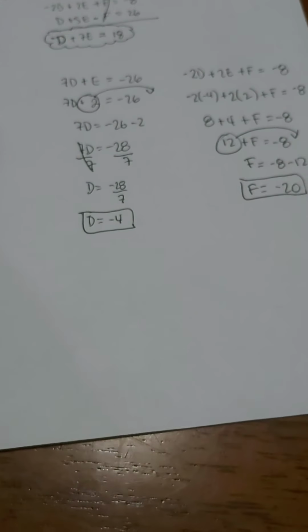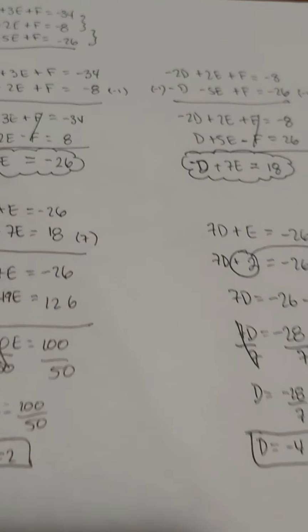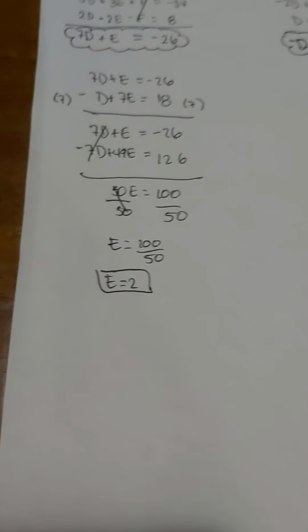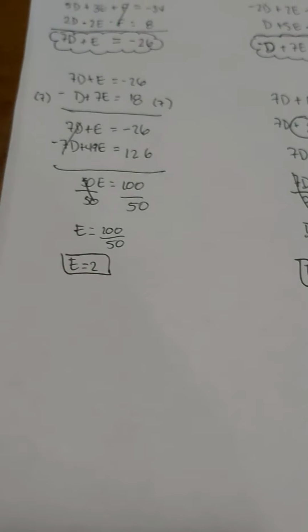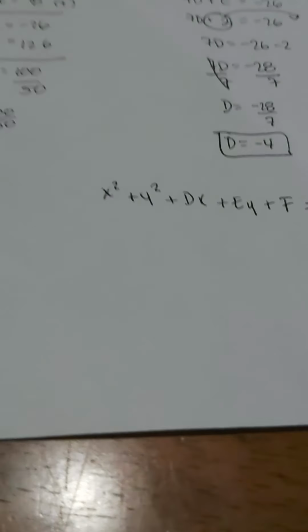So we have the values of E, D, and F. So we go back to the general form of the equation of the circle. X squared plus y squared plus dx plus ey plus f equals 0.